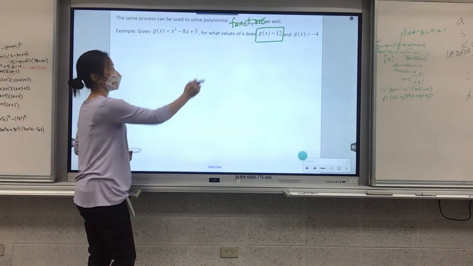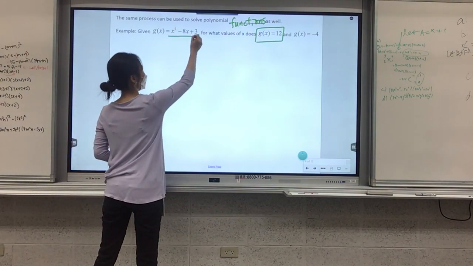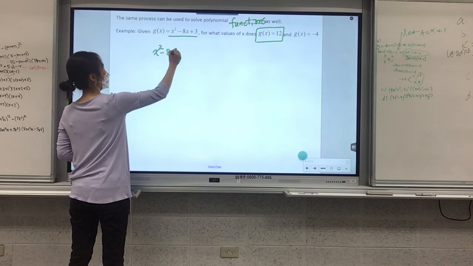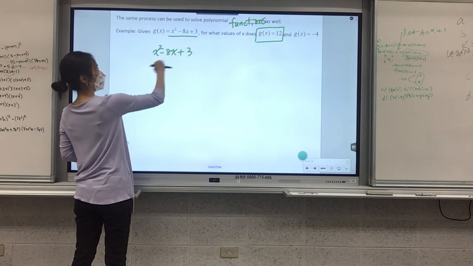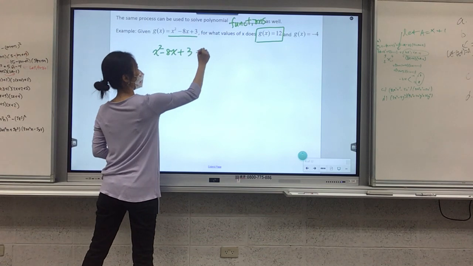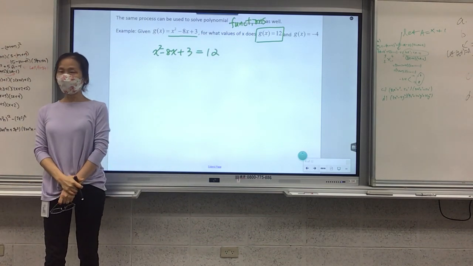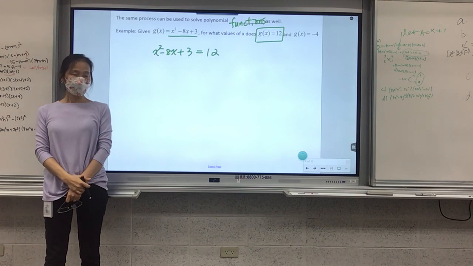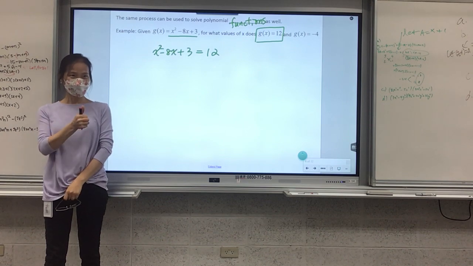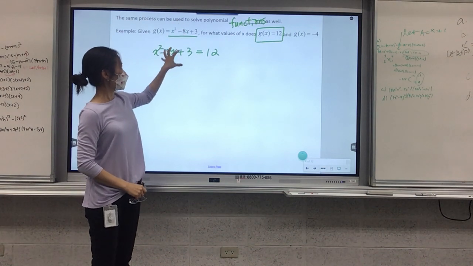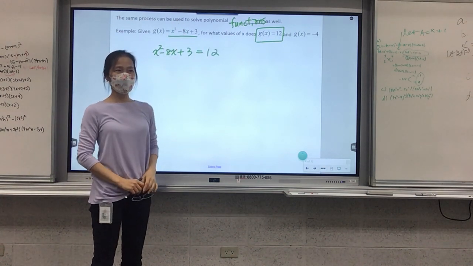So you're going to replace g of x with this, x squared minus ax, right? When this equals 12, what is x? So solve this equation. Are we good? Set g of x equal to 12. That's what it means.